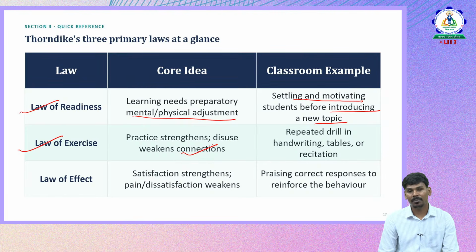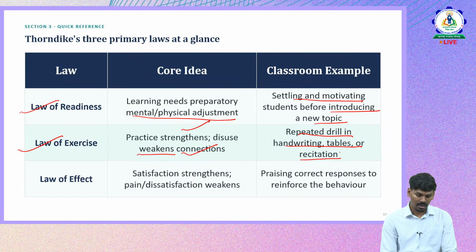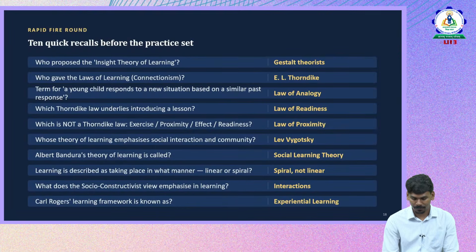When we practice something, then it strengthens, and when we do not practice, it weakens the connection. So repeating drill in handwriting, tables or recitation. Then law of effect: satisfaction strengthens, pain or dissatisfaction weakens. Praising a correct response to reinforce the behavior is an example that can be taken here.